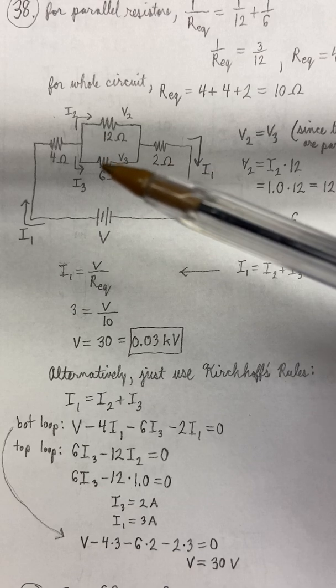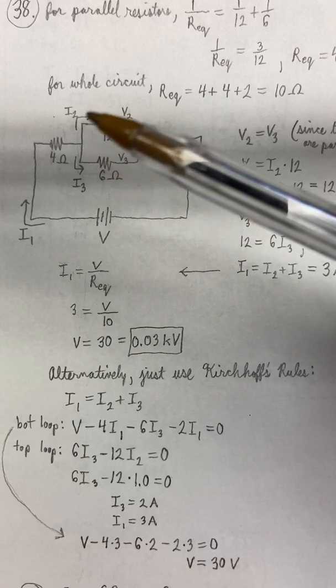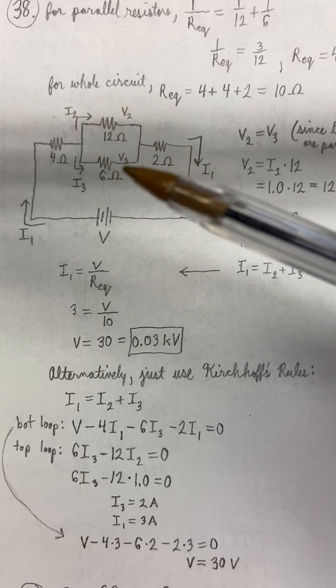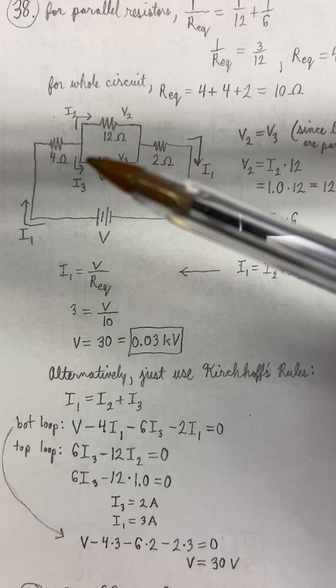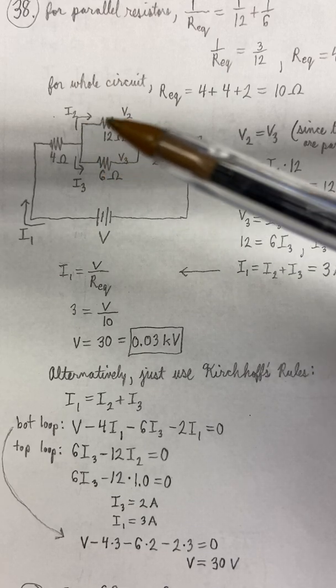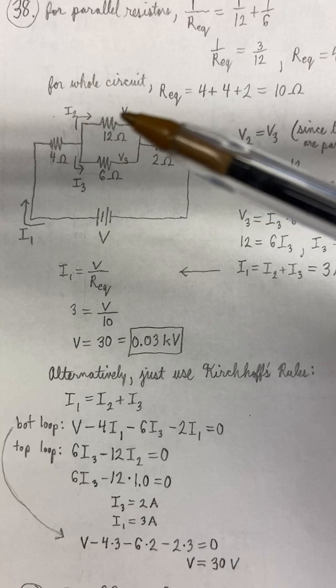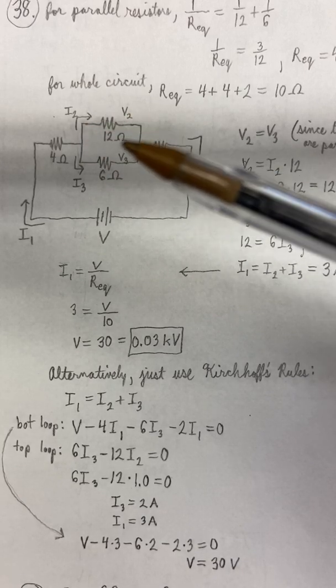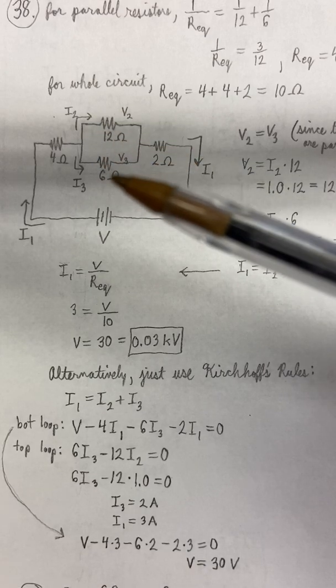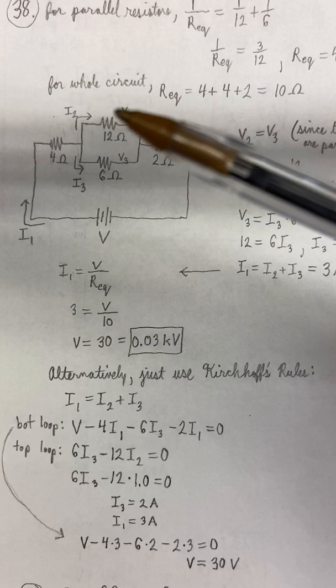Why positive? Because I can navigate this loop any way I want with my pen, or with your finger, whatever. That's arbitrary. But you have to keep in mind what you're doing, and you have to ask yourself at each stop along the circuit, does my chosen direction of pen or finger line up with the current, or does it not line up with the current?